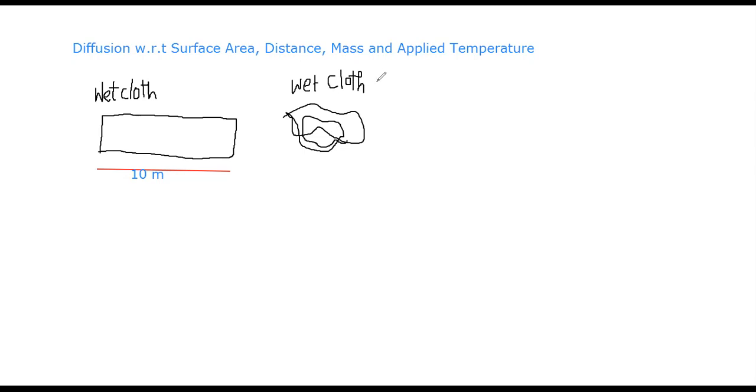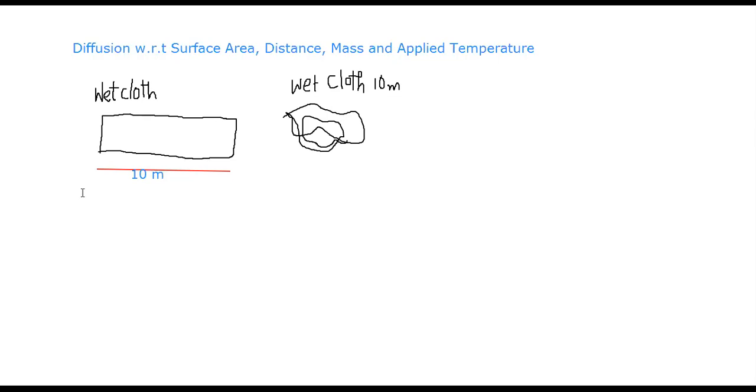Its length is also 10 meters, but this is folded. The other one is simply sprayed over a surface, and this is folded. Now beta, all of the other environmental factors, like the temperature, the sunlight, the humidity, are the same for these two cloths. Now tell me, which cloth will dry first?